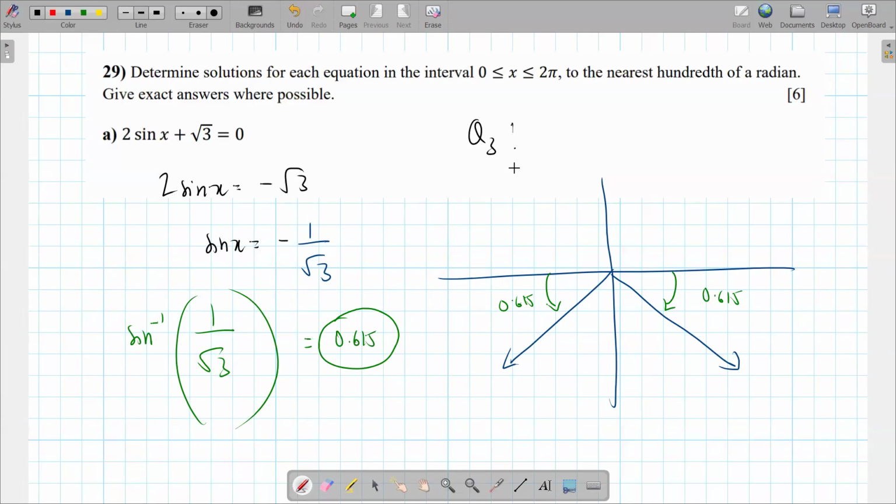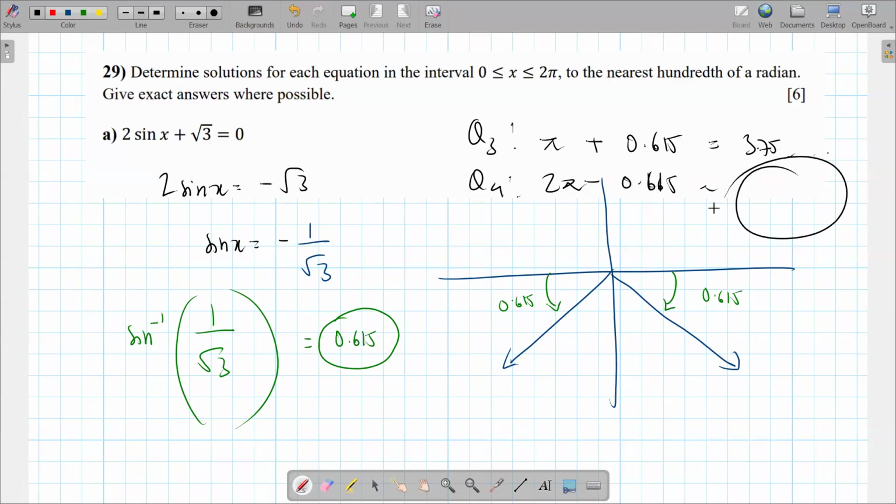How did we do last time? It's the same idea. Last time we did pi plus pi over 3, right? Now we're going to do pi plus what? Yes. And then just plug that in a calculator. Pi plus 0.615, you'll get some number, 3.75. And then in Q4, it'll be 2 pi minus 0.615, whatever that is on a calculator. So that's how you solve it if it's not a special triangle angle.